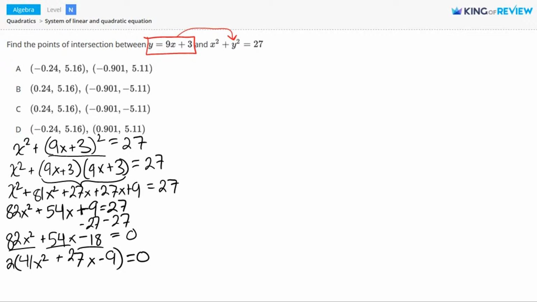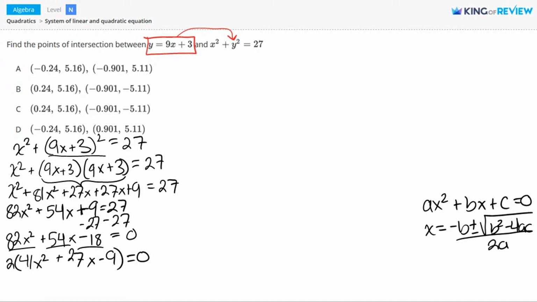Our equation is now in the form ax squared plus bx plus c equals 0. When we have an equation in this form, we can use the quadratic equation to solve for x. The quadratic equation is x equals negative b plus or minus the square root of b squared minus 4ac, and this is all divided by 2a.